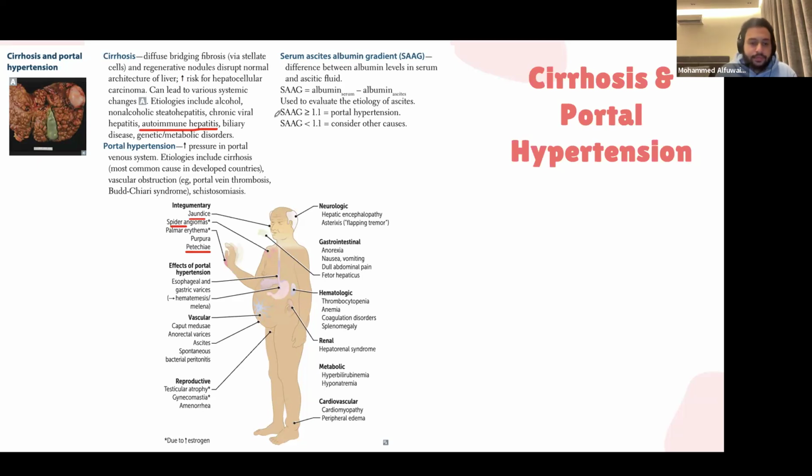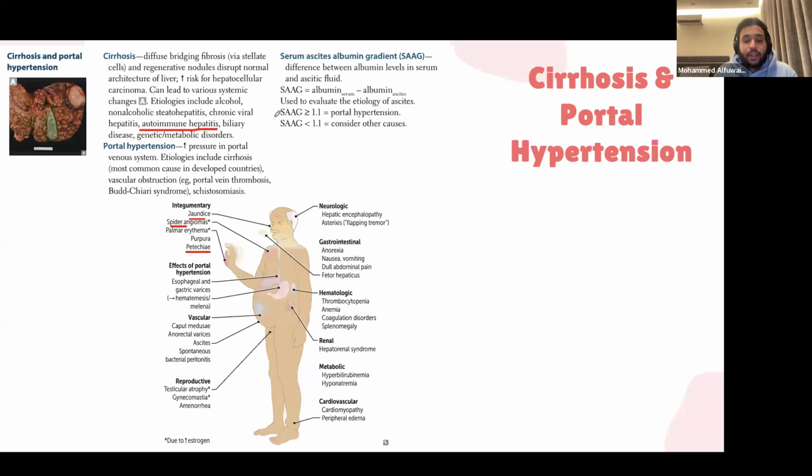Now, for esophageal varices, the management is firstly you acutely manage it with hemodynamic stability. You stabilize the patient and try to control the bleed. For patients with acute esophageal varices, what drug can you give them? Somatostatin, octreotide. Good.